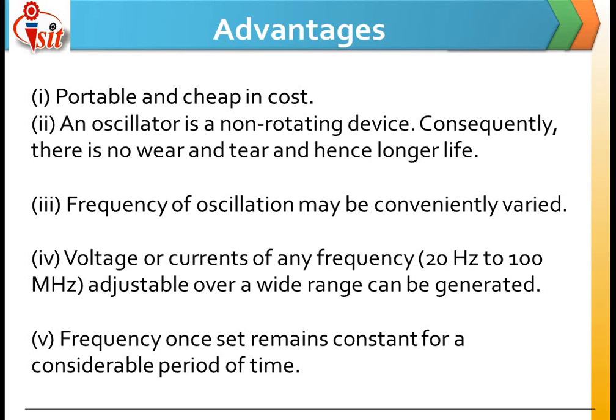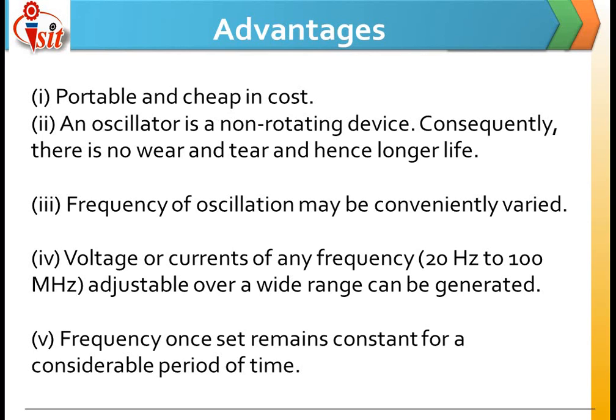For that purpose it is easily used anywhere and in any type of oscillator, including RC, LC and unijunction. Then the frequency of oscillations may be conveniently varied. That means whatever frequency of oscillations is generated can be conveniently varied.